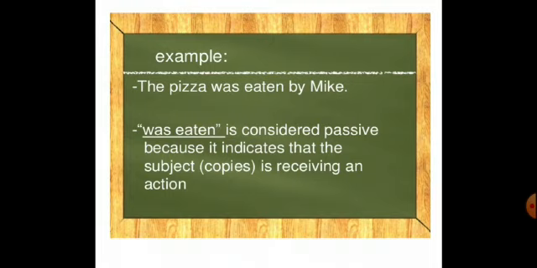This was the active voice. Now I will change it into passive in order to concentrate more on the new object rather than the doer of the action. So I will change the verb into a passive verb. That's why I said the pizza was eaten. When I want to mention who really did this action, I will say by Mike.